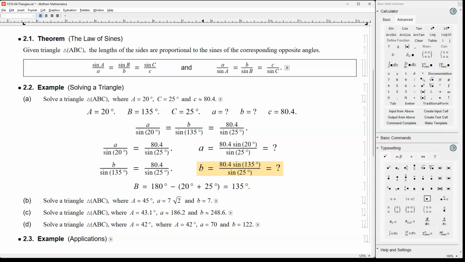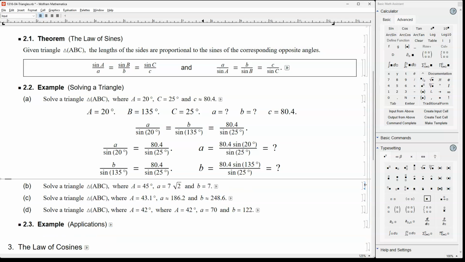All right, that's how you work out a triangle, solve a triangle, if you know two angles and a side. Two angles, so you can find out the third angle easily. Yeah, they add up to 180 degrees actually.